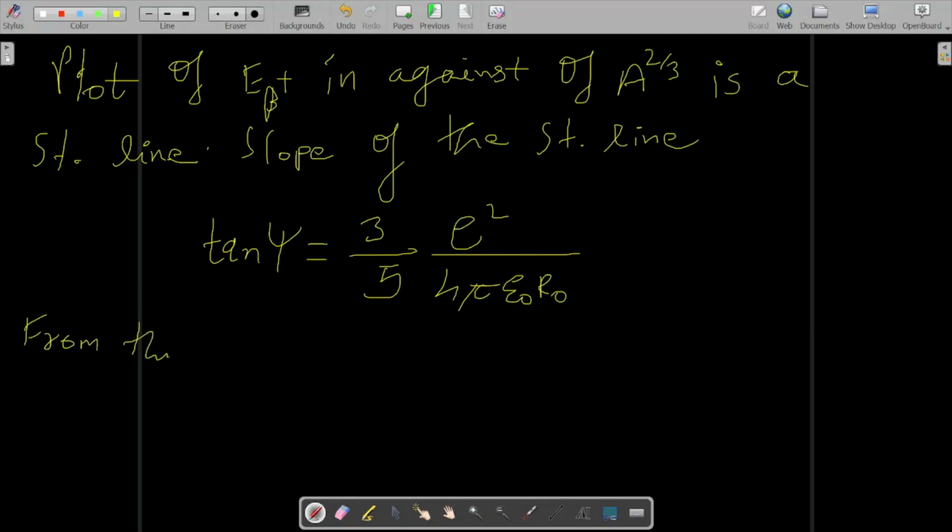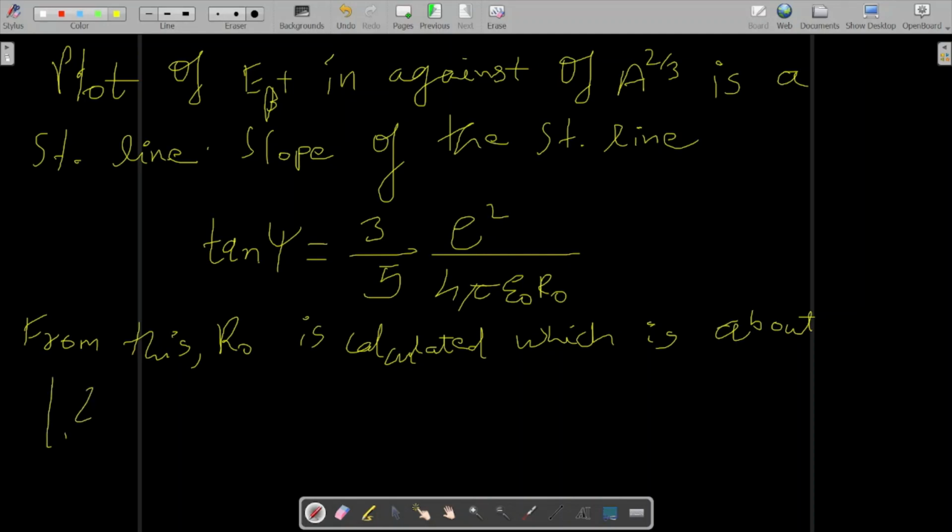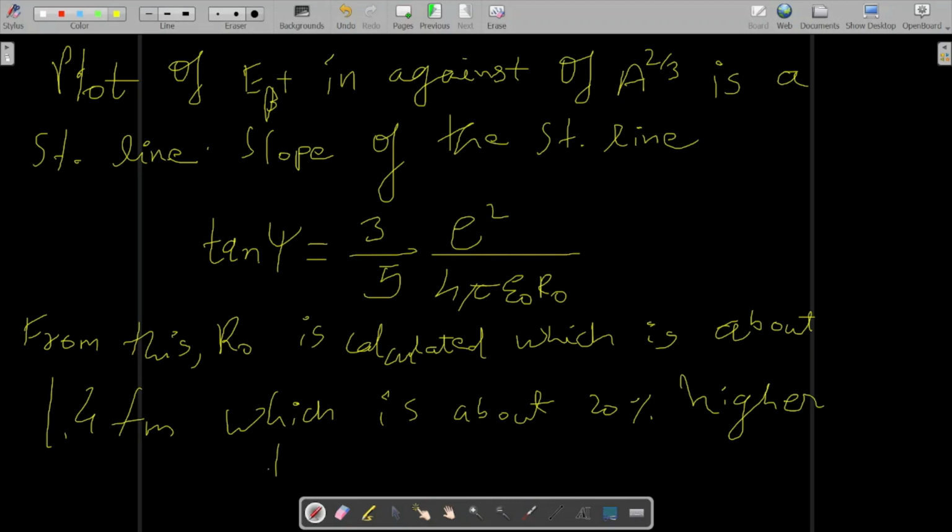From this, r naught is calculated, which is about 1.4 femtometer, which is about 20% higher than the correct value.